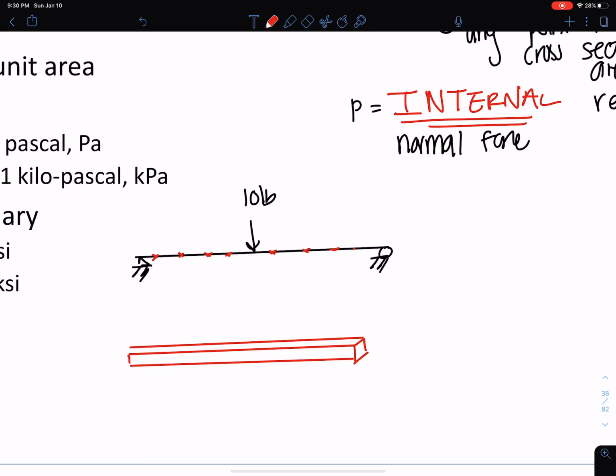I want to show you guys the difference of what we mean. It's constant throughout the cross section, which means any place I make a cut, you'll see the square. The stress is constant along the cross section at any point. It is not constant at every point along the length of the beam. The stress changes depending on which point you're looking at because the internal load changes, right?